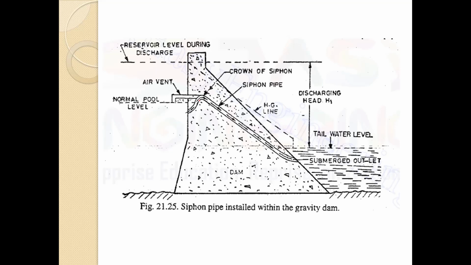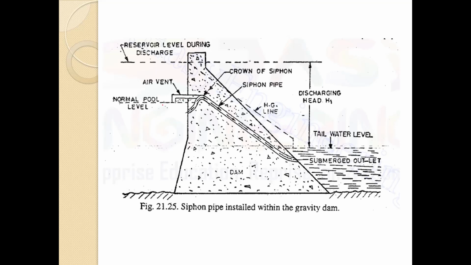Once the water level in the reservoir goes above the normal pool level, that is this level, and the siphon is filled with water, that is primed, the water will start flowing through the siphon by siphonic action. As the water flows, it creates a pressure and flows through this particular pipe, and the outflow will continue till the water level in the reservoir falls back to the normal pool level.